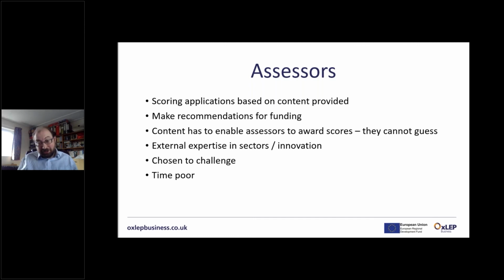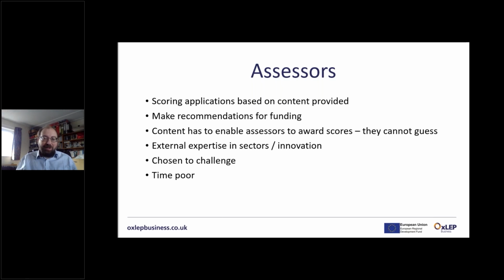Our requirement is to score applications based on the content provided. So that's the content of the application form, the content of the business plan, which we've explicitly asked for, and where we can realistically look at it, the content of the additional information that you may or may not have provided.